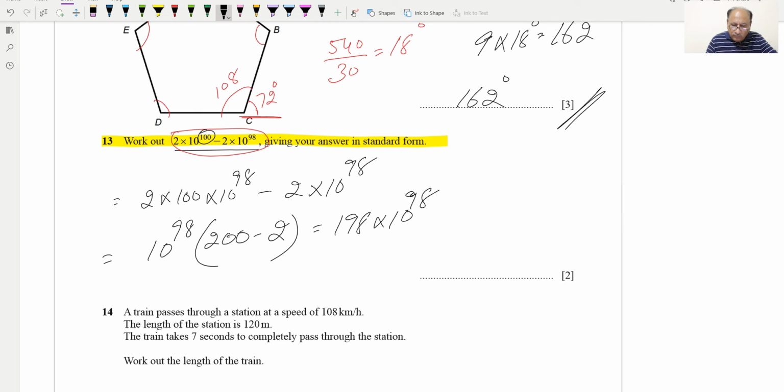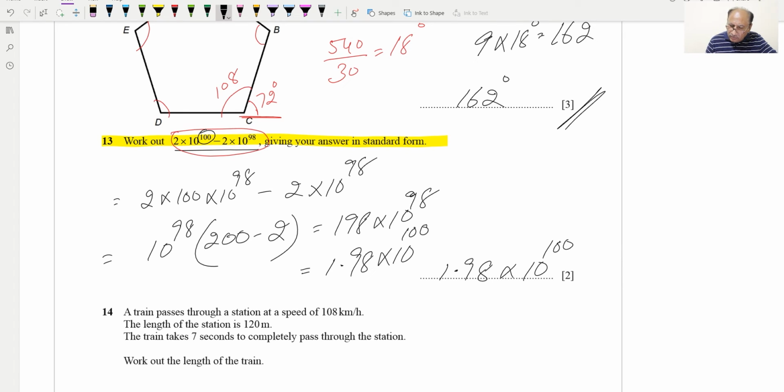We can rewrite this as 1.98 into 10 raised to the power 100. 98 plus 2 will be 100, because we are moving the decimal two places to the left, so we add to the power.